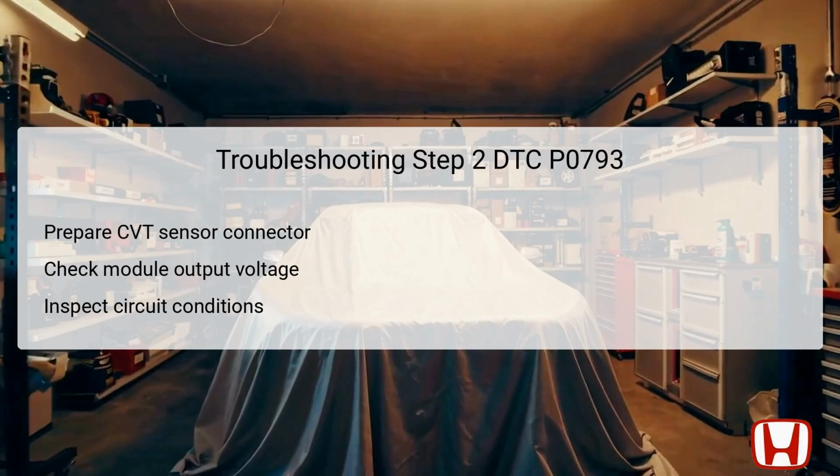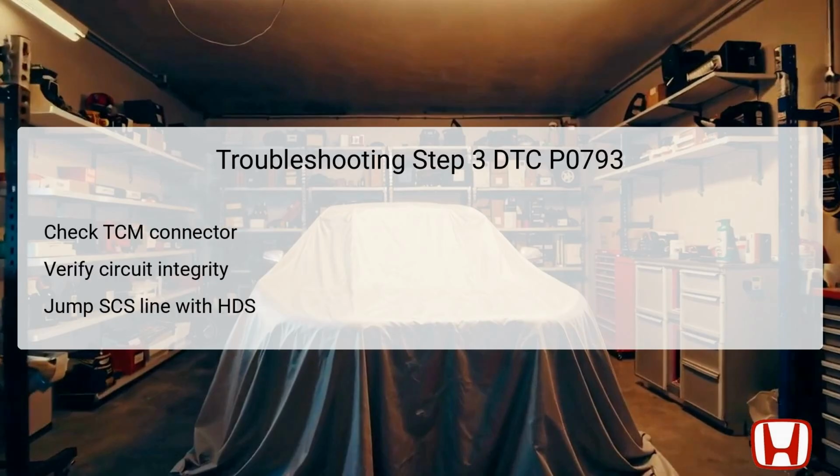If this reading is confirmed, it suggests that the sensor is likely malfunctioning. In contrast, an abnormal reading would indicate potential issues with related components or the wiring. The findings at this stage are pivotal, as they direct the technician toward either replacing the CVT drive pulley speed sensor or investigating further into the vehicle's wiring system.